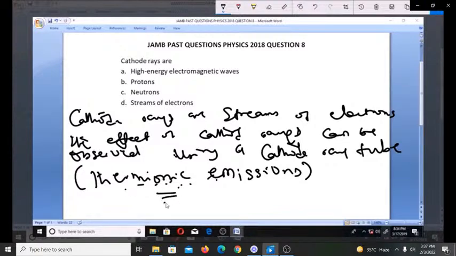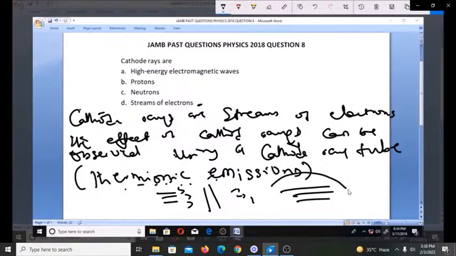So when you have heat applied on a filament, there will be emission of some particles, and this time around, electrons. When there is emission of electrons and these electrons move, you have what we call cathode rays.